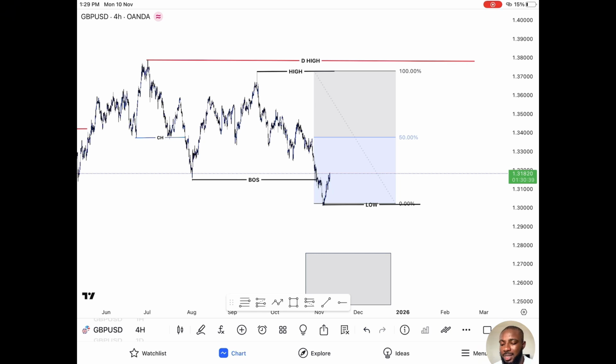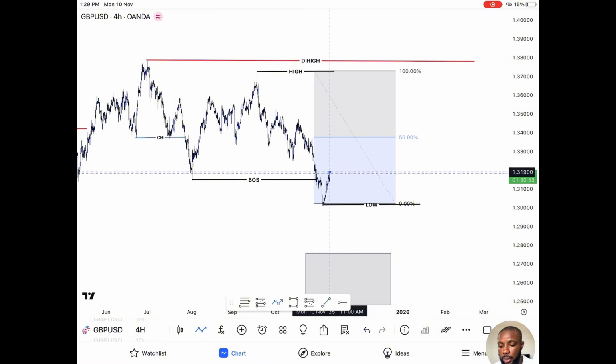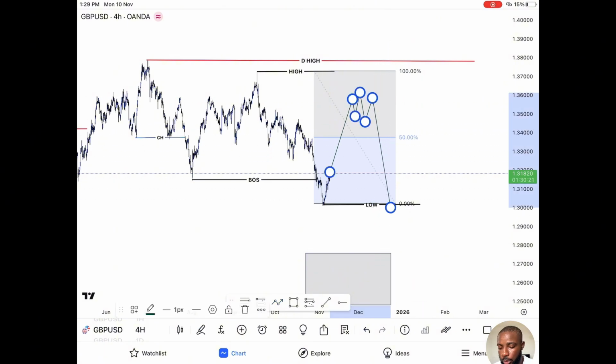You want to be selling at a premium. So we wait for price to come into the premium area, and once it does, I start looking for selling opportunities.